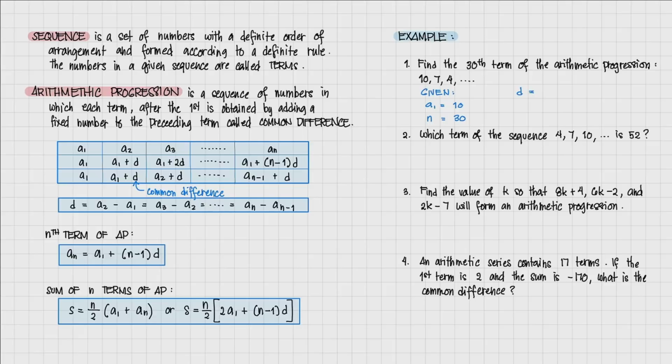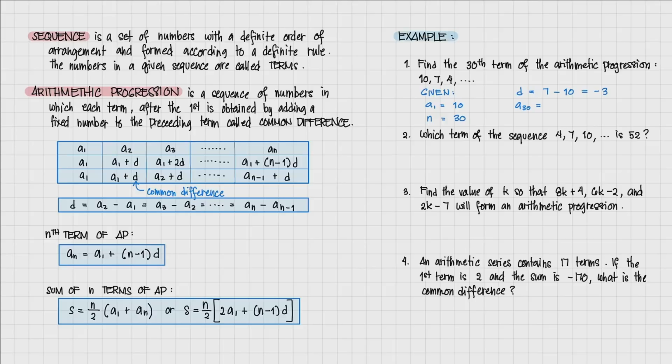To solve for D, we're just going to subtract the preceding term from our successive term. So in this case, 7 minus 10. And that is negative 3. So that's our common difference, right? So we can now use this formula to solve for the 30th term.